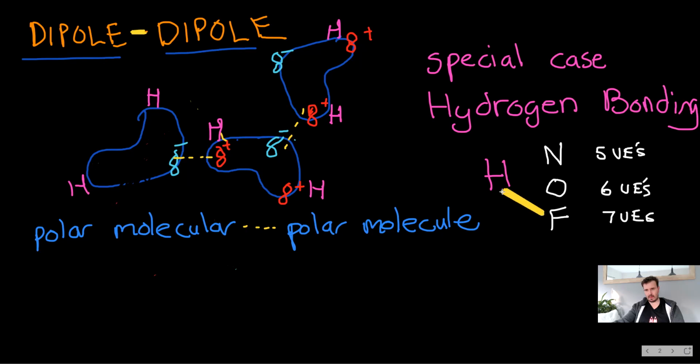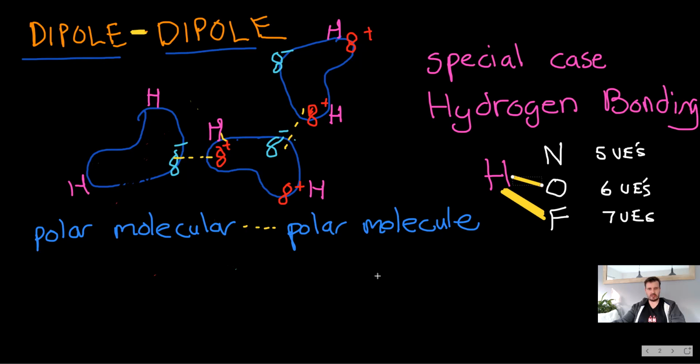So the HF bond, in terms of your hydrogen bonds, is the strongest one. Then you would have your oxygen, which should be the second strongest, because it's only got 6 valence electrons.